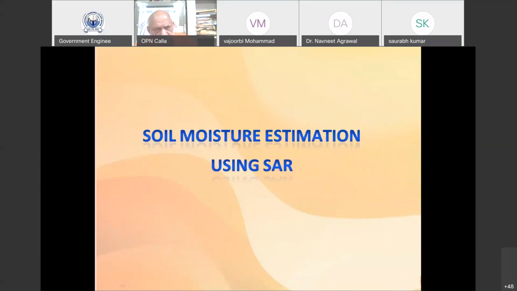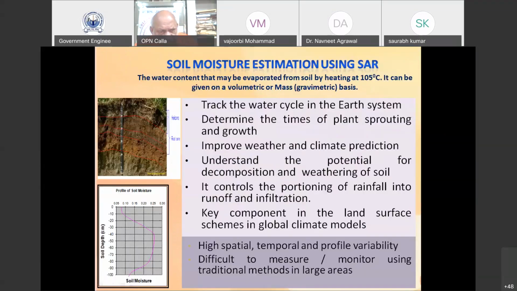Now, using synthetic aperture radar, how do we do that? Let us see. Here is the image given, the photograph taken for where we take the soil moisture. We take the water cycle, then the time of plant sprouting, then weather and climate prediction we can do with this modeling. Understand the potential of decomposition and weathering of soil.